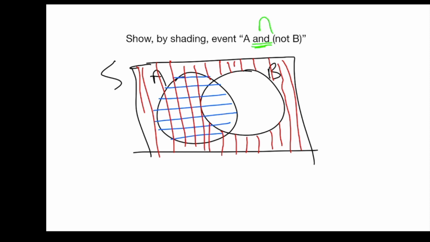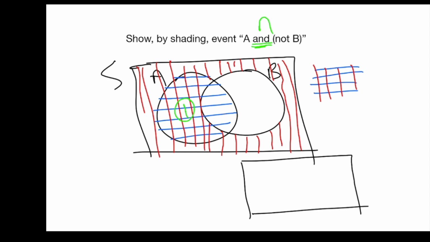Intersection means the common region. So what is common? Common is obviously where the blue meets the red. Look at that diagram. You will notice it is here. I'll call that one 1. But you can draw it afresh. Draw it clearly here.